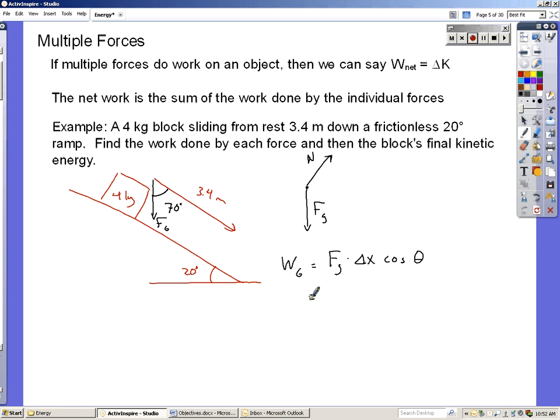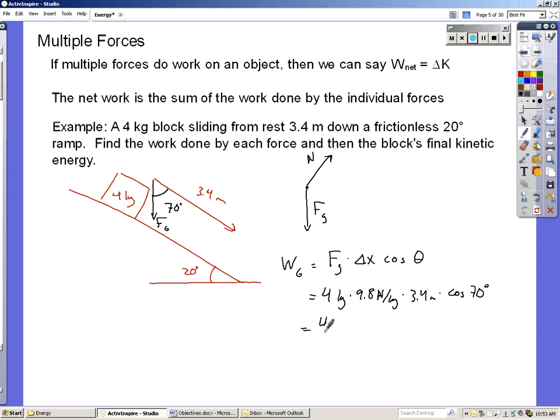And then to get the magnitude of the gravitational force, we do 4 kilograms times g. Delta x is 3.4 meters. And cosine 70 degrees. We get a calculator. 4 times 9.8 times cosine 70.